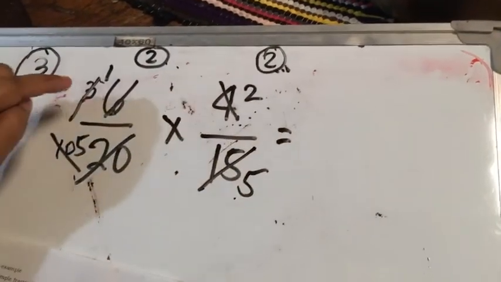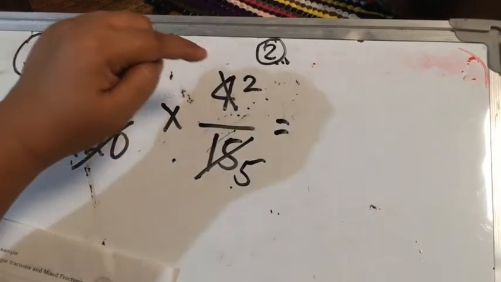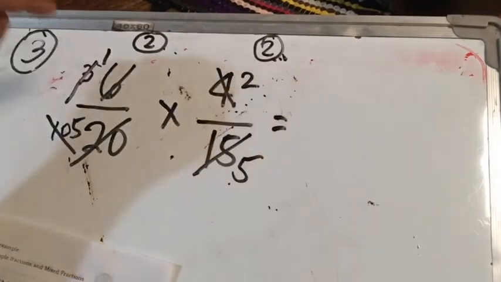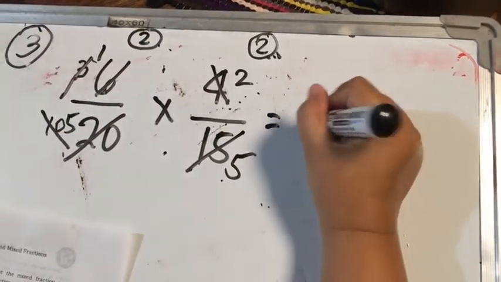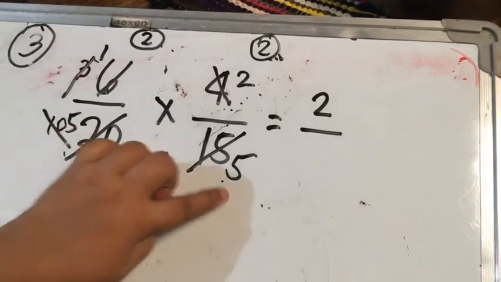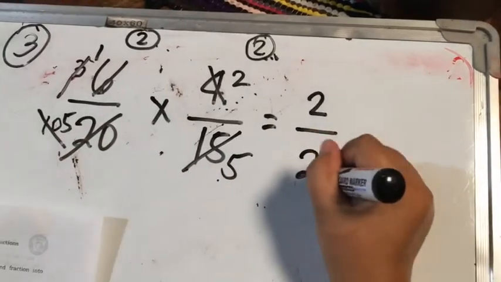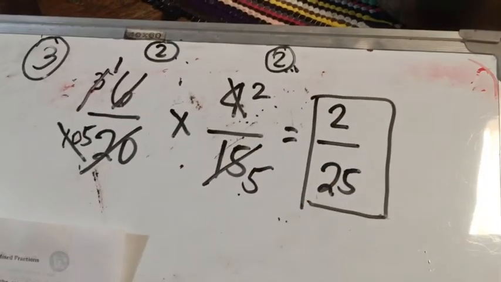What number is left in the numerator? Just 1. So, that is what we multiply by the remaining number on the other side. So, 1 times 2 will give you 2. And 5, the remaining number here, times 5, the answer is 25. And this is now our final answer.